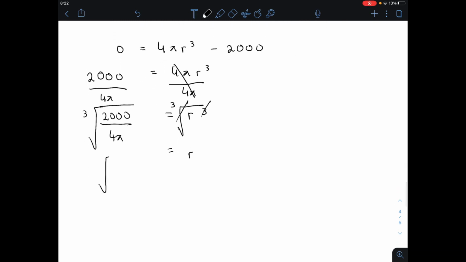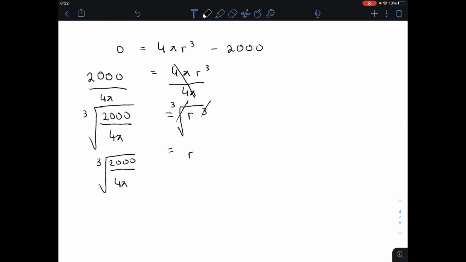And I'm left with r is equal to cube root of 2000 all over 4 pi. You can leave it in this form if you like, or we can put it into our calculators and see what this simplifies to be.